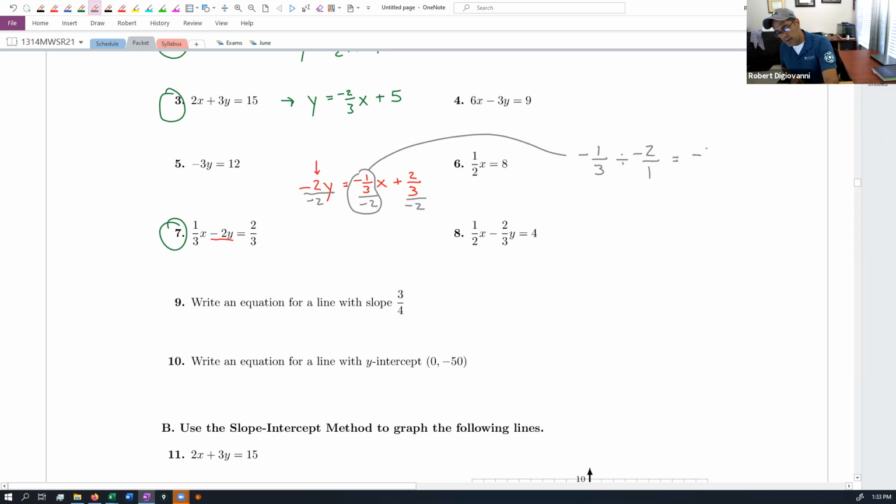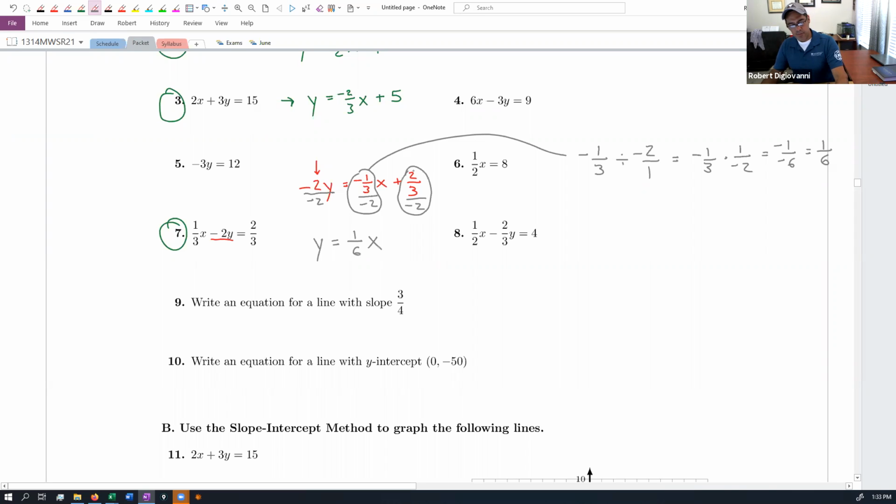So this would be -1/3 times 1/2. And so when you multiply straight across, you get -1/6, which is just 1/6. I think that's the trickiest part, just keeping track of these fractions. Y equals 1/6, and then you still have x there.